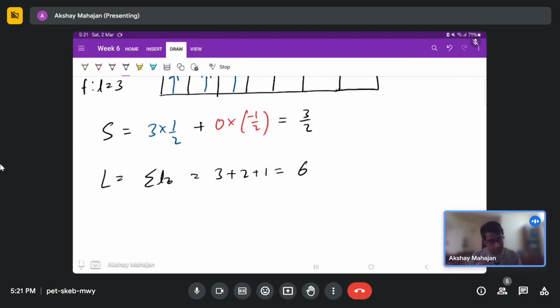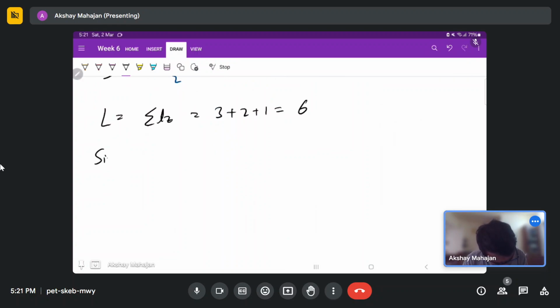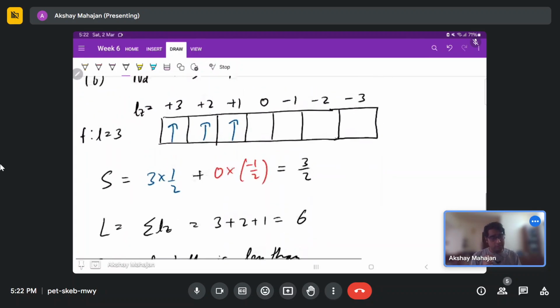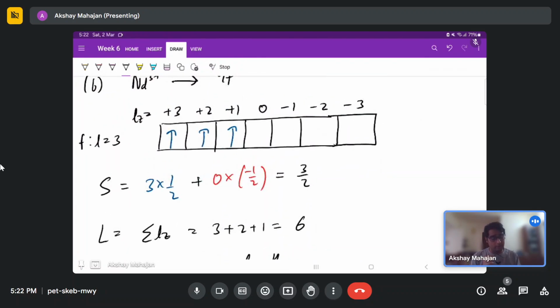Now for the J value, we have to check how our 4f shell is filled. Since it is filled less than half, it means not all the states are filled by at least one electron.